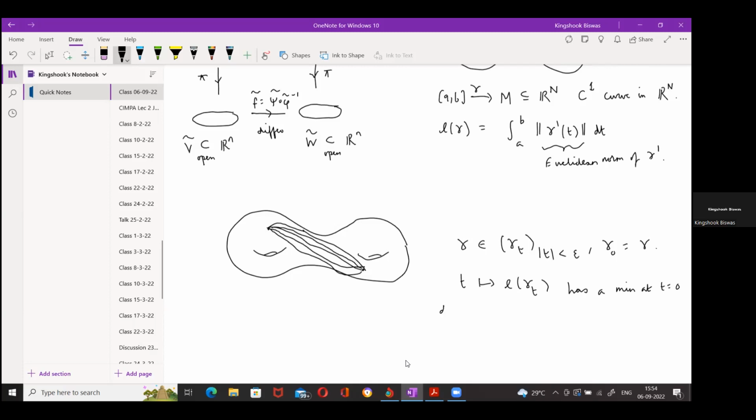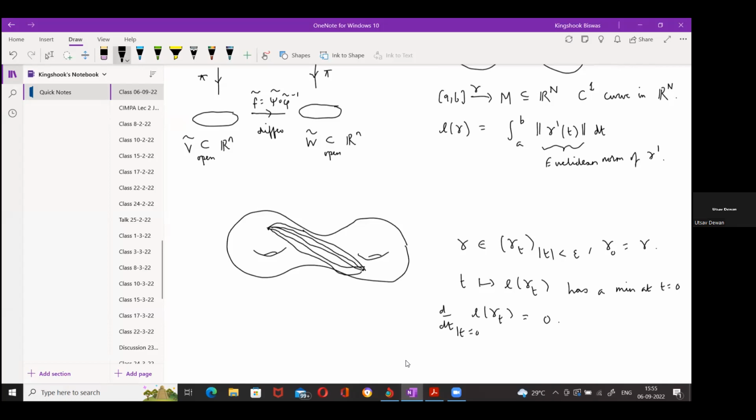So d/dt at t equal to 0 of length of gamma t therefore has to be equal to 0, because it has a minimum at t equal to 0, right?